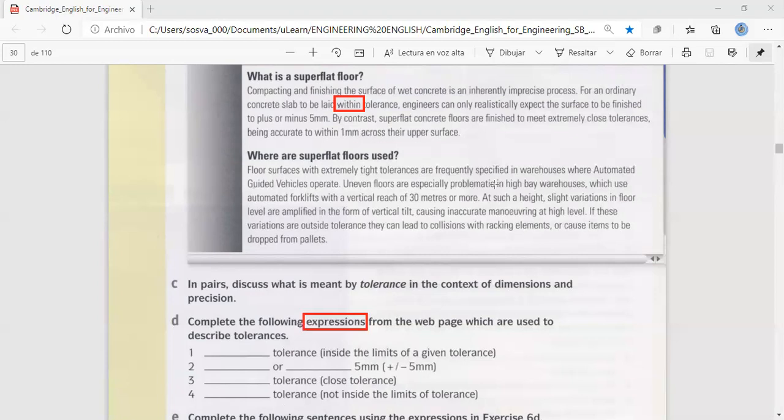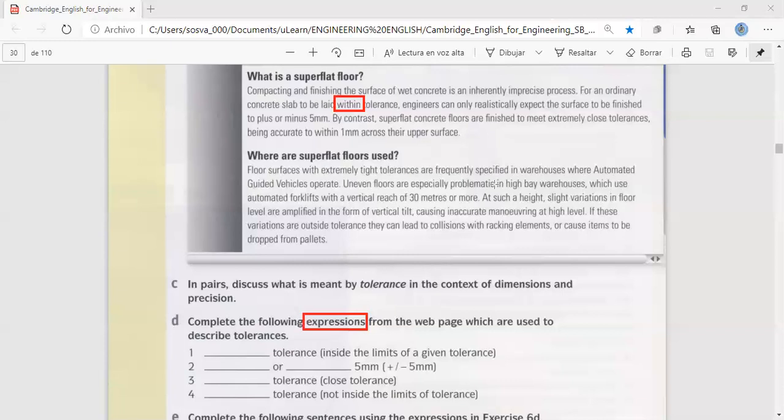A daily example could be when your daughters have an academic trip or an activity where they're going to visit a museum, and the school tells you, as a father, you should take your children within 2 p.m. and 3 p.m. Within 2 p.m. and 3 p.m. refers to between 2 and 3, not before 2 and not after 3 p.m. Within is the same as between.